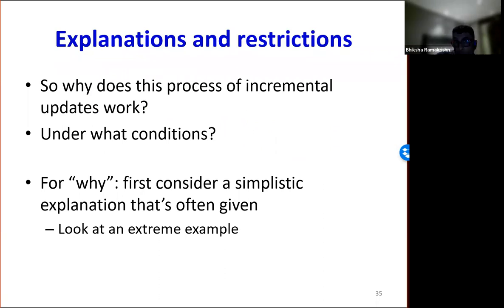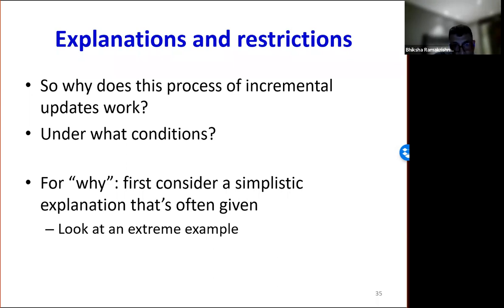First, why does the process of incremental updates work? Note that you're not shuffling the validation data, you're shuffling only the training data. The validation data have no relevance to this. They are not used to train the model, right? So why does this process of incremental updates work, and under what conditions?